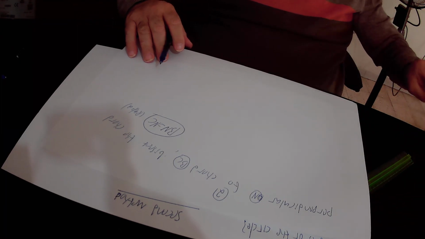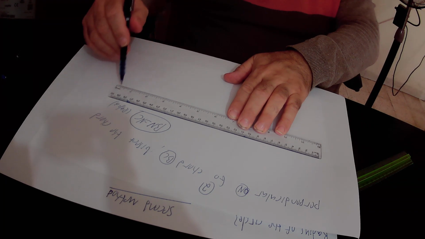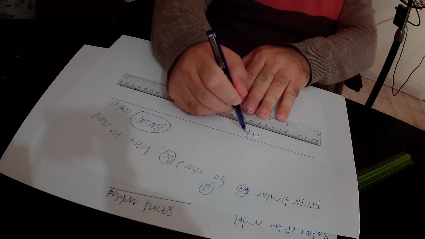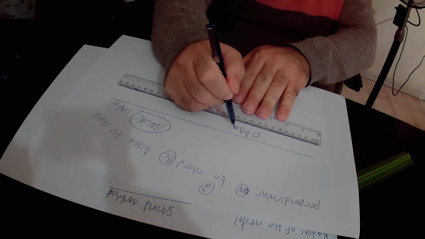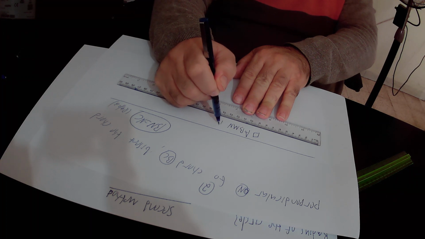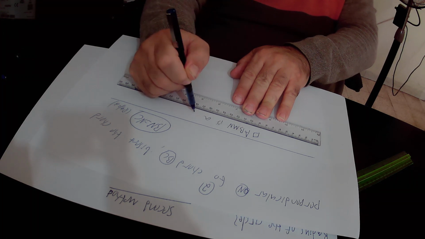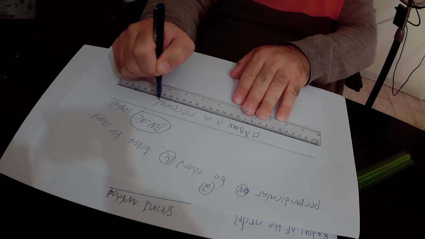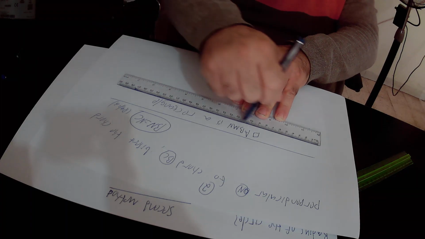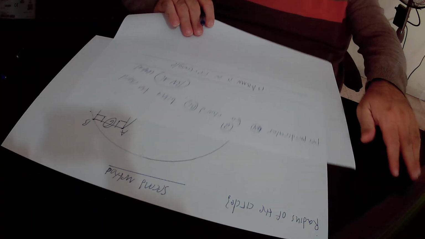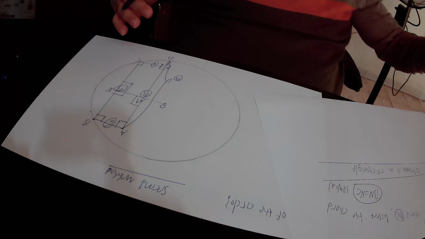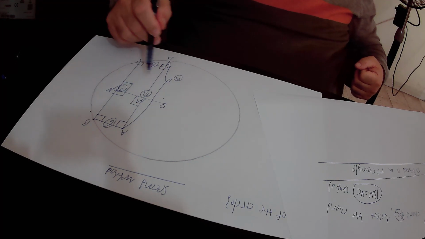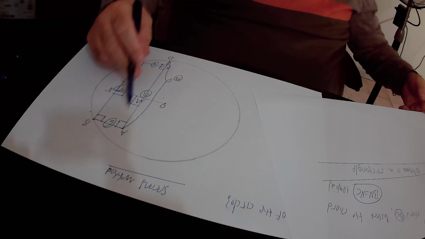I'll write it down. Quadrilateral ABMN is a rectangle because it has 4 right angles. We also know that the opposite sides of a rectangle are equal to each other. That is to say, AM equals BN.